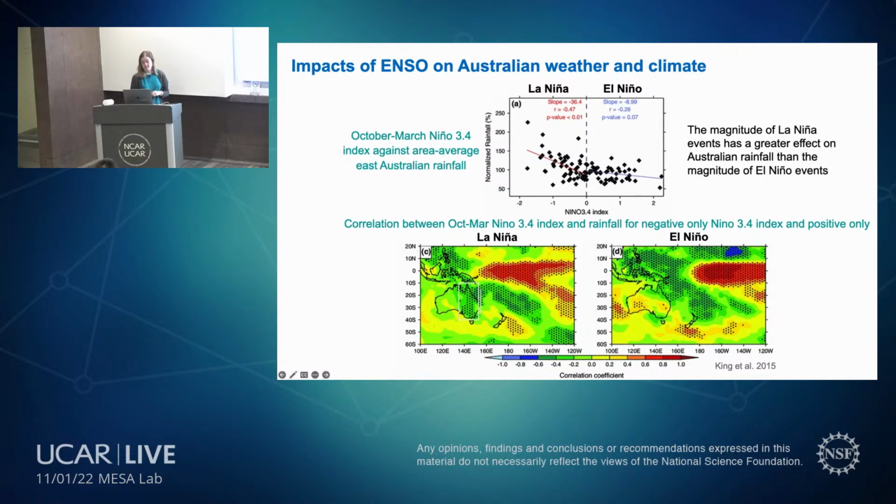And what we can see is that there's a stronger relationship between La Nina and eastern Australian rainfall than there is between El Nino and eastern Australian rainfall. So the magnitude of El Nino doesn't necessarily tell us much about what we can expect in terms of a rainfall response.